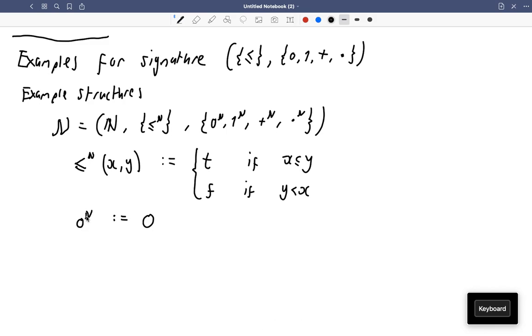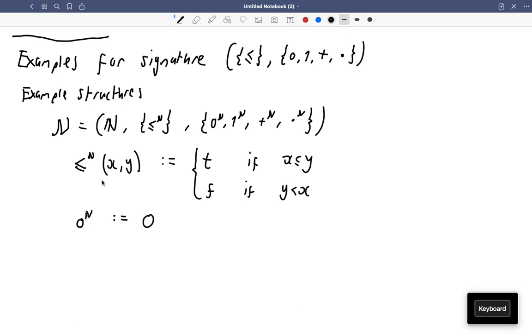This 0 superscript N is again the function symbol, the piece of syntax, but we're now saying we're interpreting this function symbol in the structure N, and that is interpreted as an element, in this case, of the underlying set, because it's a function of arity 0, so it takes no arguments.